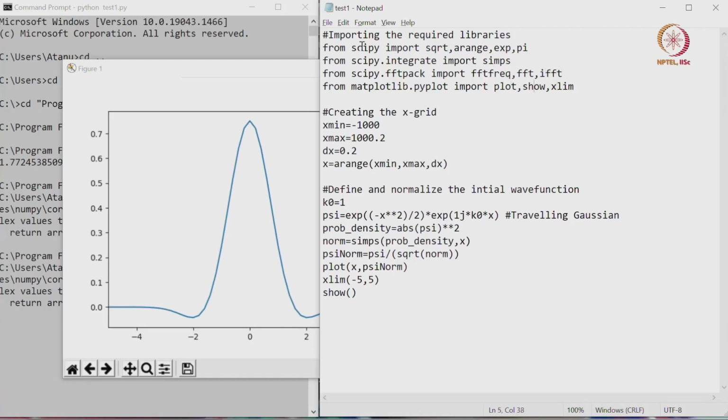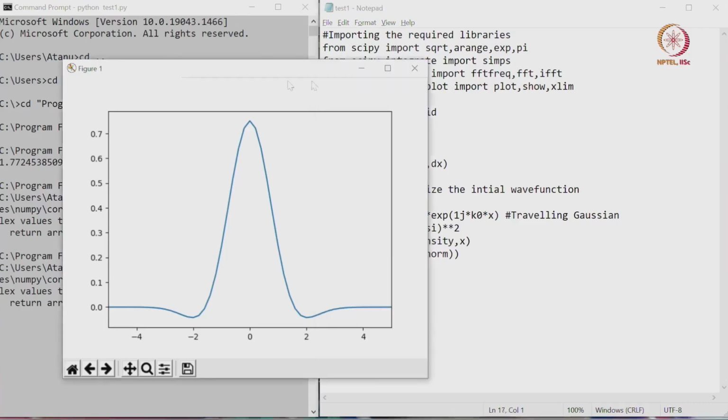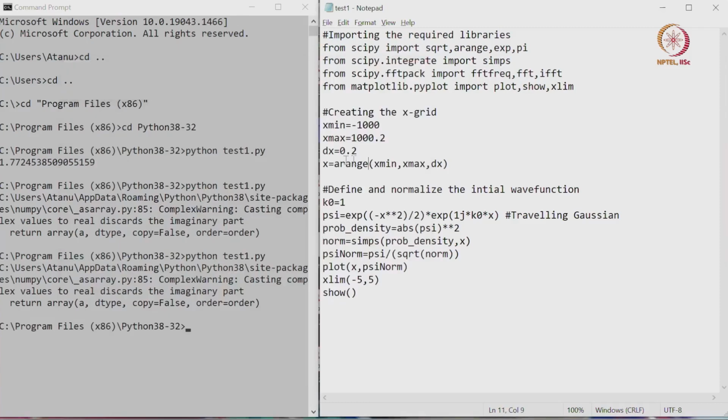And then the remaining part, the matplotlib library will help us plot the function, and creating the x grid remains the same. We have the x grid, then we have to define and normalize the initial wave function, that we are keeping the same, a traveling Gaussian.